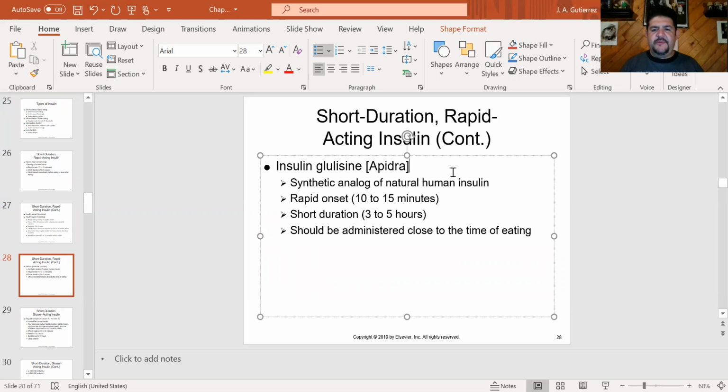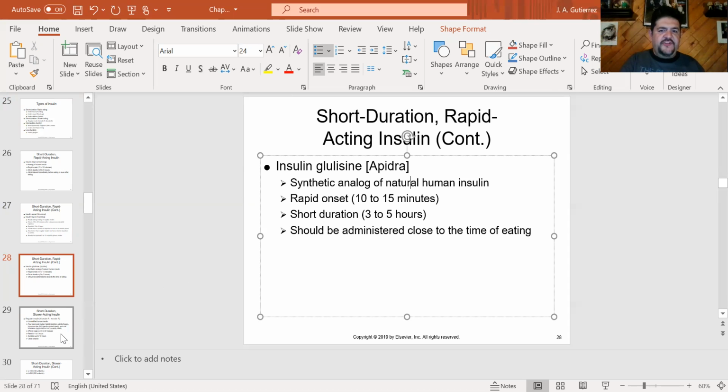The drop in glucose levels is not that drastic, so you can say that the chances of fast hypoglycemia is less likely with this one. Other than that, everything's the same. Has to be administered a few minutes before meal, and the patient has to be able to eat after that.